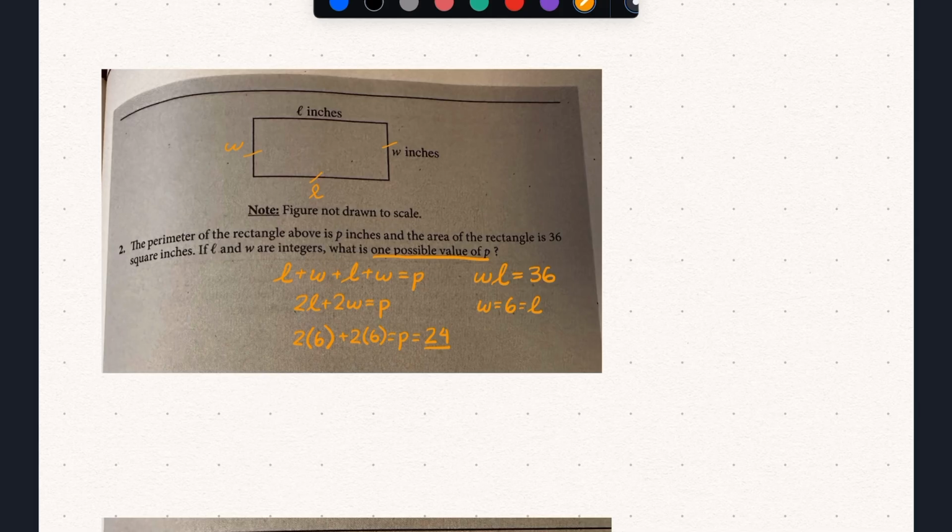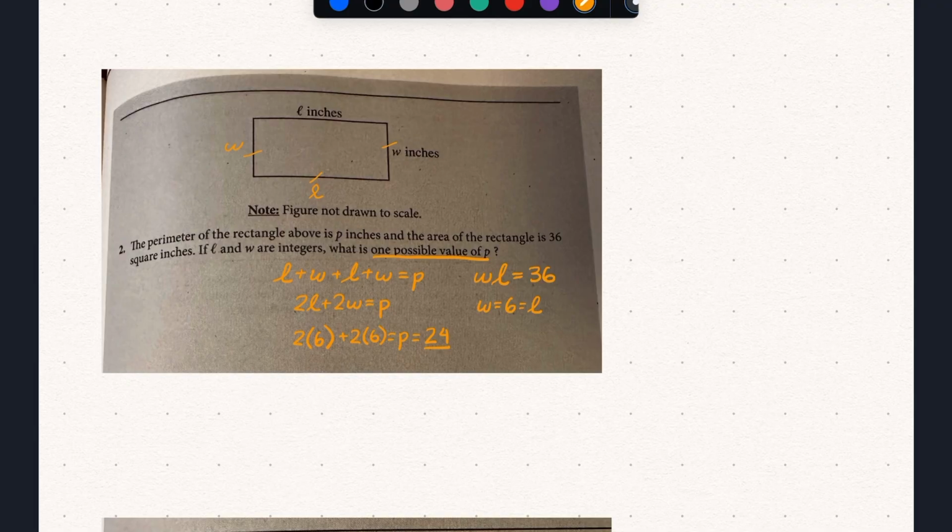I think for this question, it's important to write out what the question's asking for in formulaic forms, but then to just take a step back and think, hey, what's a simple case that yields one possible value of P? And in that case, for us, it was a square.